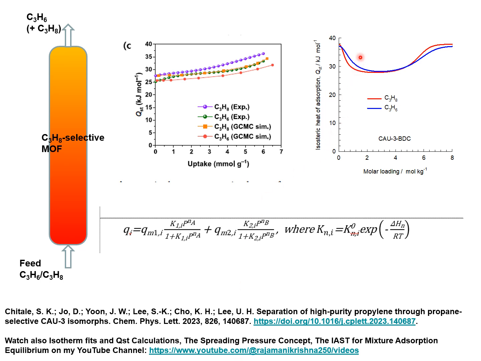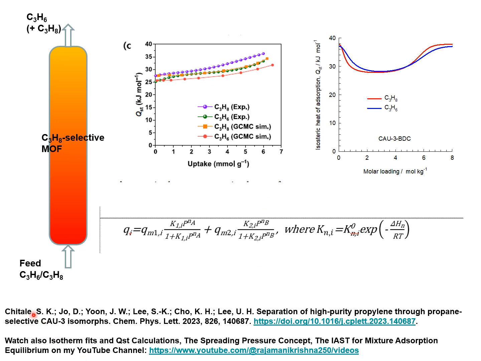If I do that, I see that the isosteric heats of adsorption of propane and propylene are practically identical, and the values are rather different from those determined from the virial fits.